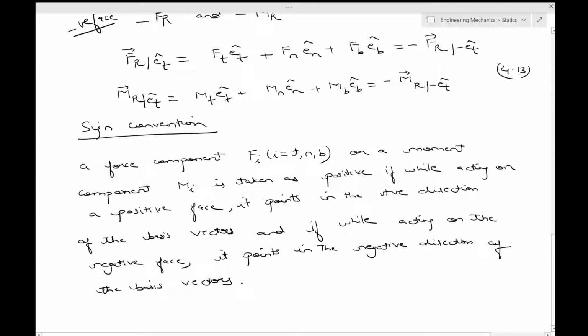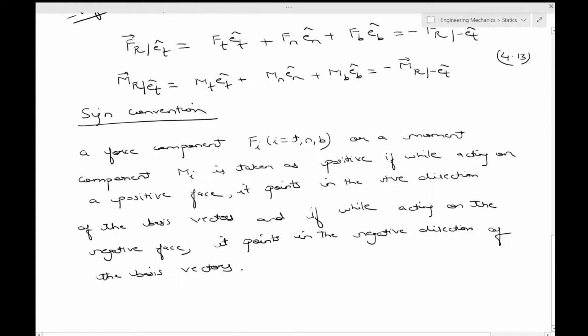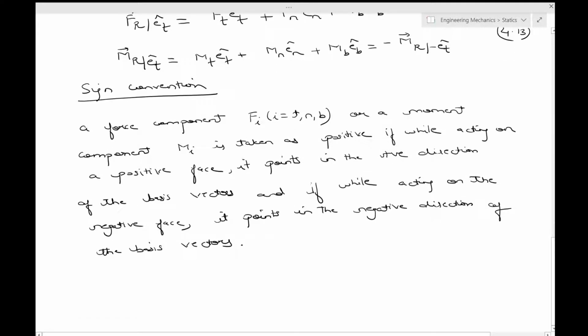If a component acts on a positive face and is directed in the negative direction of a basis vector, it is assigned a negative value, and if it acts on a negative face and is directed in the positive direction, it is also assigned a negative sign.